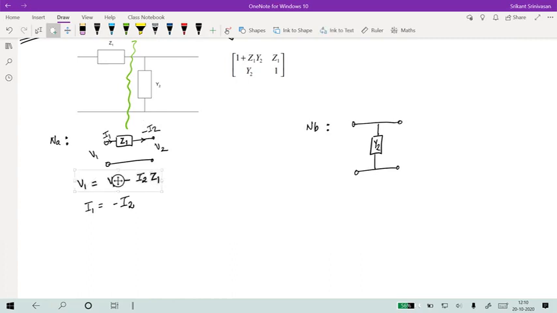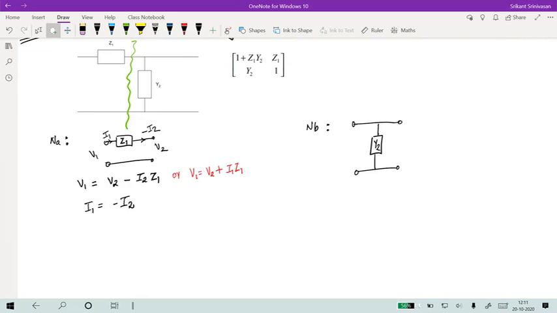Otherwise, I could have written V1 as V2 plus I1 Z1, right? That's also a correct equation, and that simply follows because we said that I1 is minus I2 anyway. But this equation is not useful for me because I'm trying to get V1 and I1 on one side and V2 and I2 on the other side. Okay, so that's the point to keep in mind.